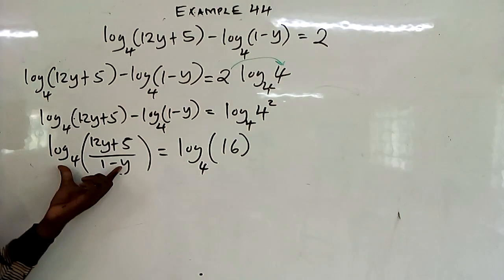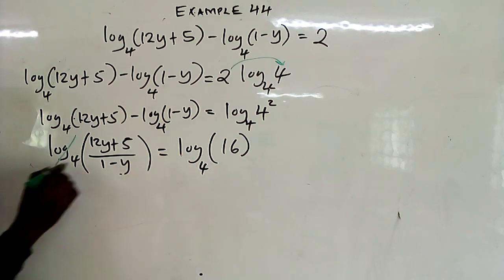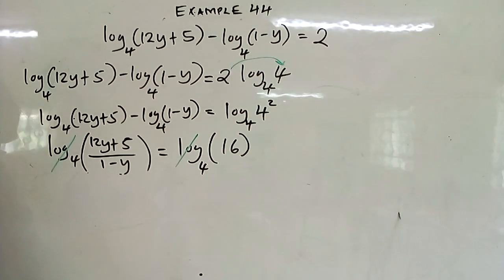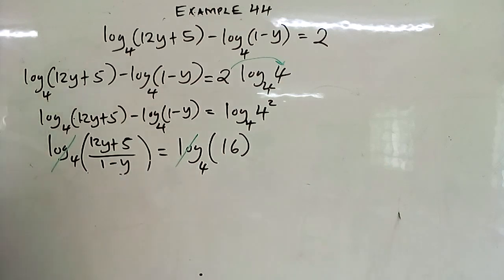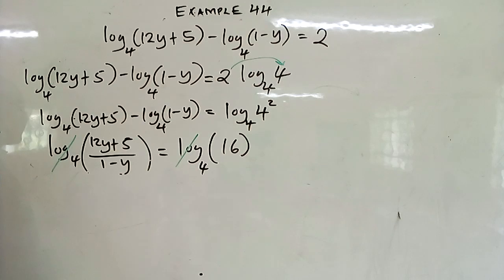Once you've made either side of the equation one term, you can now ignore the log on both sides. You don't come and say I have to divide by log to base 4. That is mathematically wrong. You ignore it. It's like you introduce log to base 4 on the other side of the equation. You now ignore the log on either side of the equation. It is a reverse process.